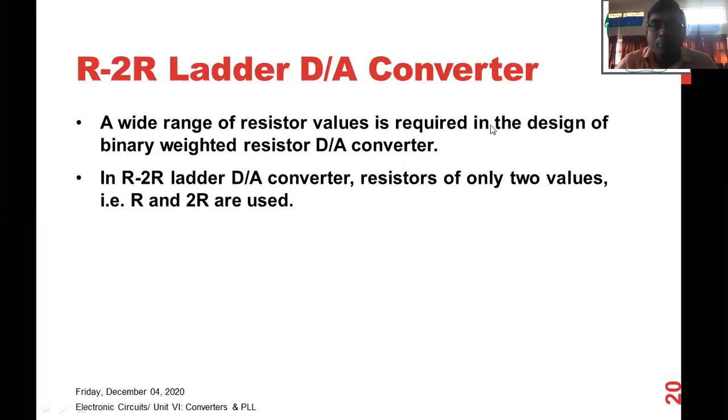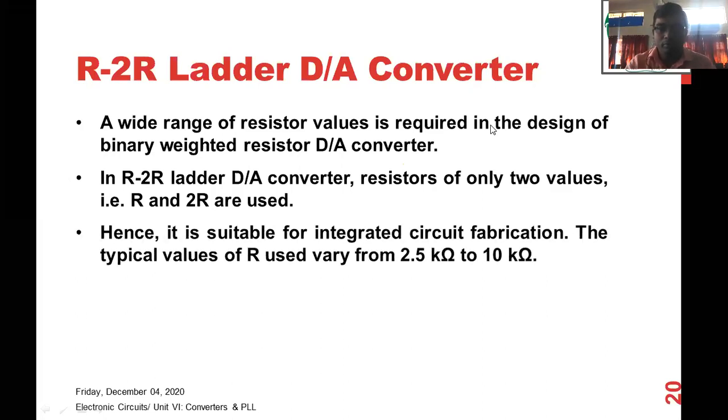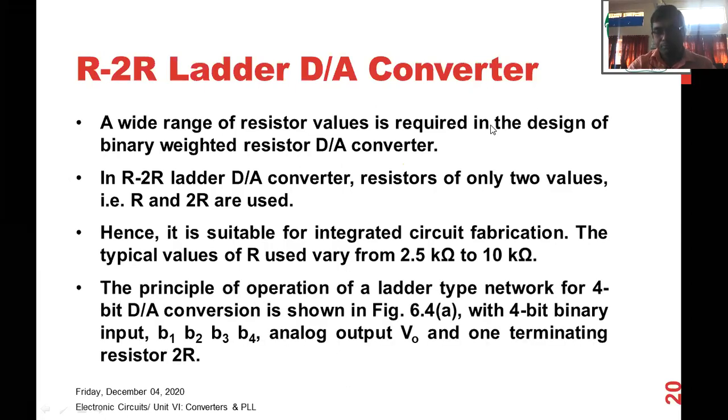We only require resistors of 2 values, that is R and 2R. Hence this structure is suitable for integrated circuit fabrication. The typical value of R used varies from 2.5 kilo ohm to 10 kilo ohm. This is a typical value but not fixed.